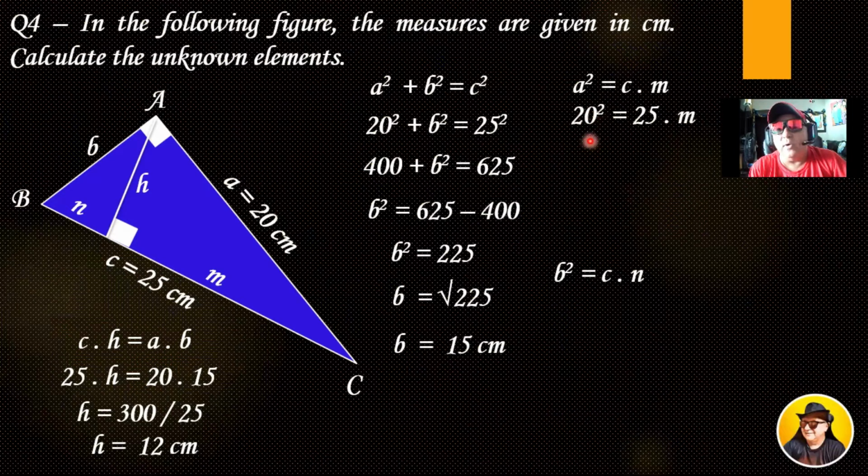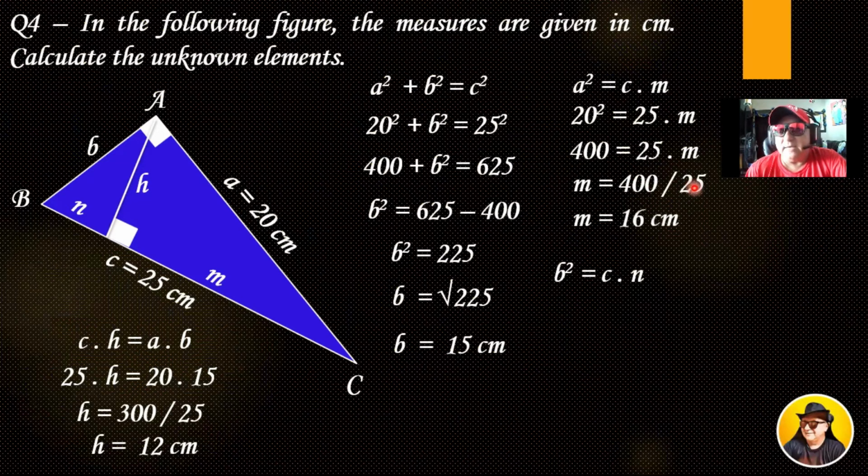Well, it is 400, and you have to divide 400 by 25. So I have 400 is 25 times M. Don't forget, now we are going to rotate the equation like this. Can you see? So rotating, M comes to the left side of the equation. So M is 400 divided by 25, that is 16. So M is 16 centimeters.